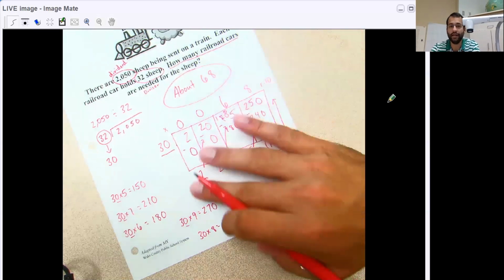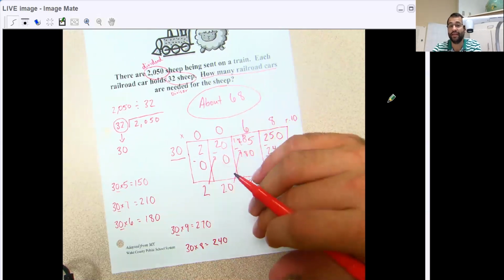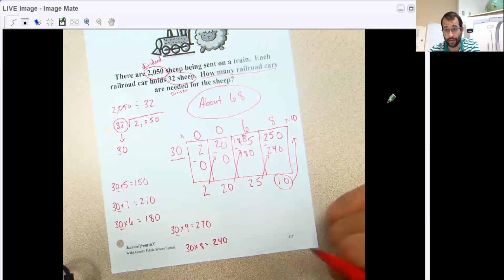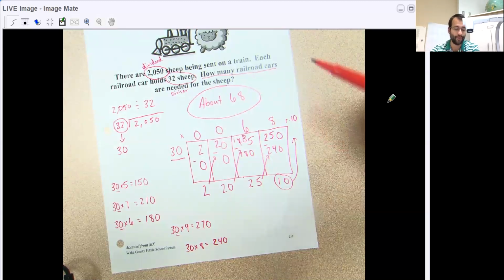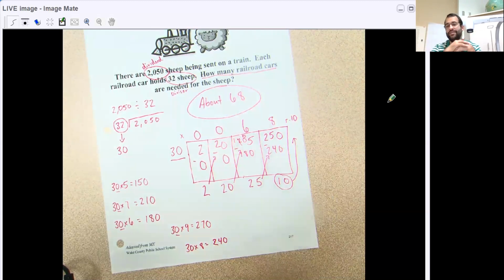Now, you are not going to see that choice on your answer choices if they're looking for an exact number. But since I rounded, I'm estimating that I need about 68, or you could say about 70, right? Right around that number, something close.